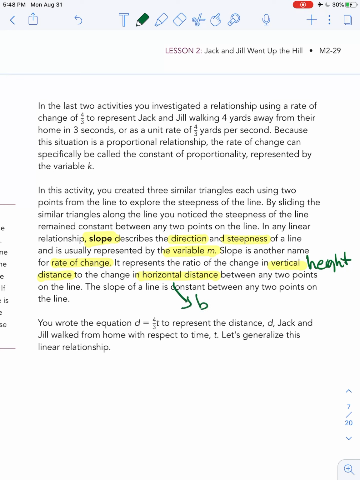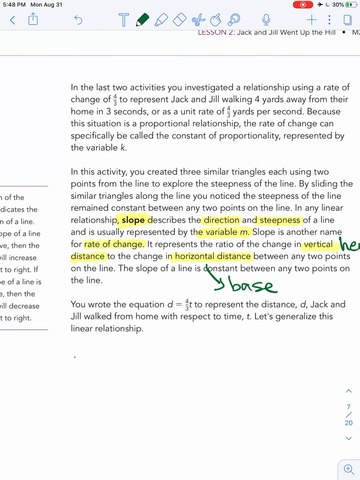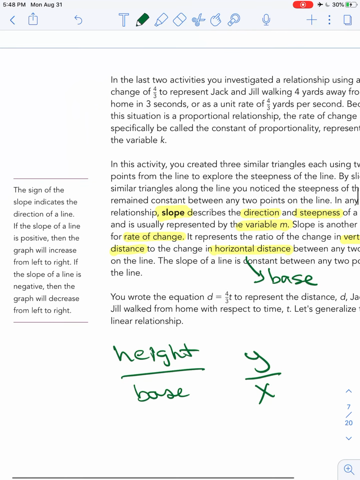So this is our base. So it's the change in the vertical distance over the change in the horizontal. So again, it's just height over base. Okay, so we have height over base, or the change in y over the change in x.